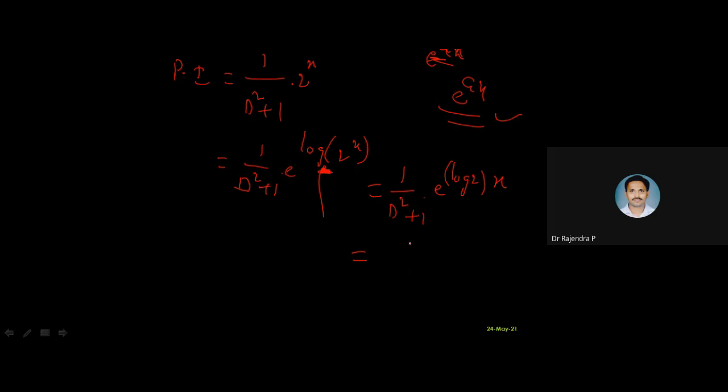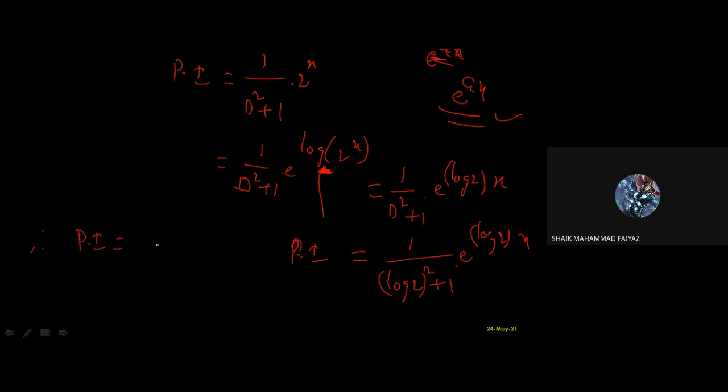If I substitute, what I am going to get is the particular integral: PI is equal to 1 by log 2 whole square plus 1 into e power log 2 into x. What is the basic function?